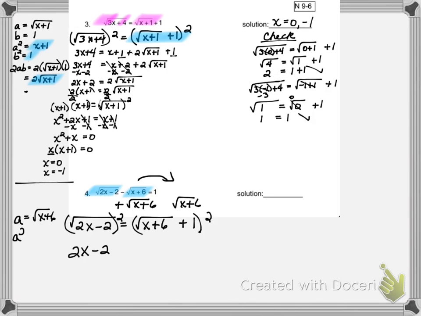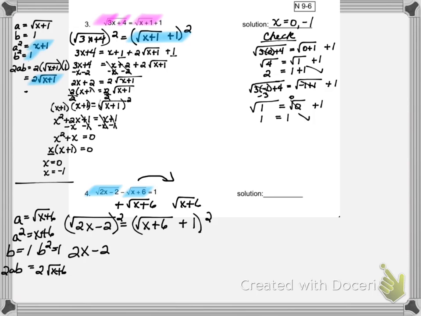So a squared is equal to x plus 6. B equals 1, so b squared equals 1. And 2ab is 2 times 1 times the square root of x plus 6.